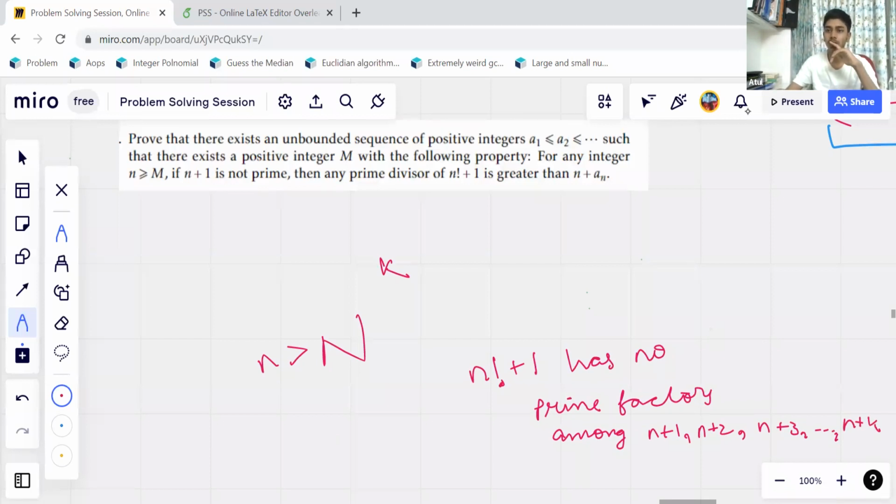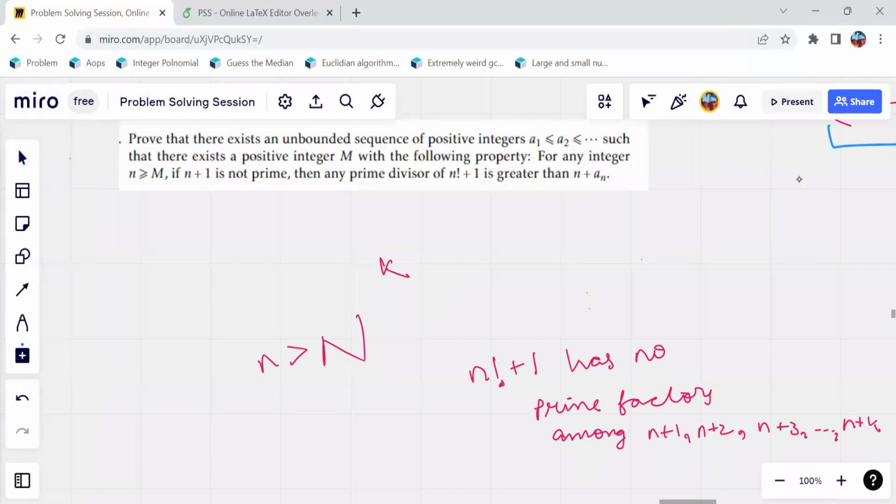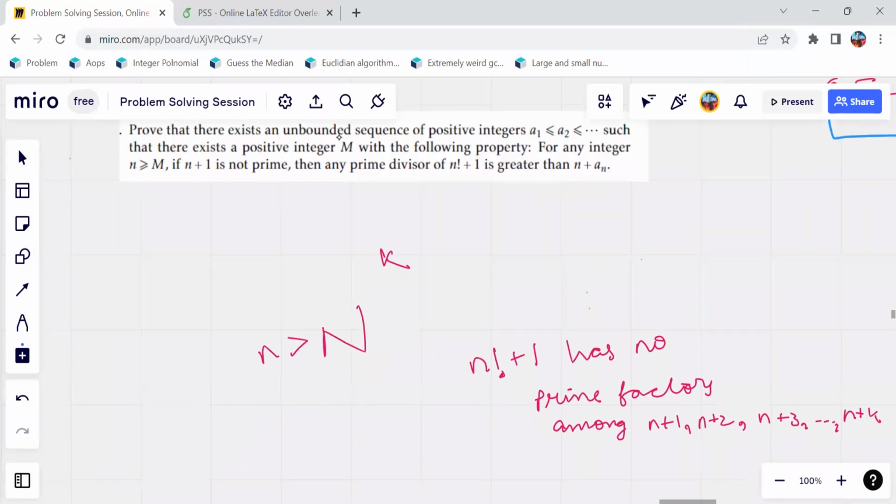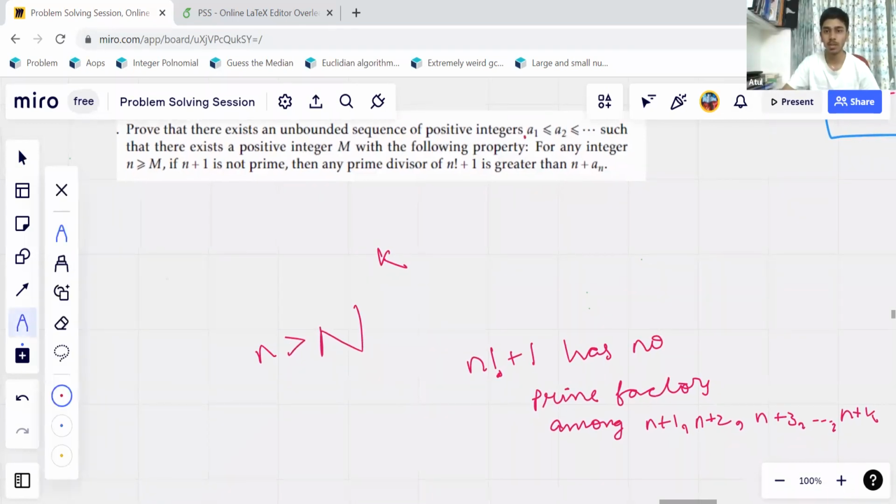I think that's what it is saying, essentially. So n plus a_n, right? Yeah, I'm saying you can set a_n equal to k for big enough such n, because that's essentially what the thing is saying.